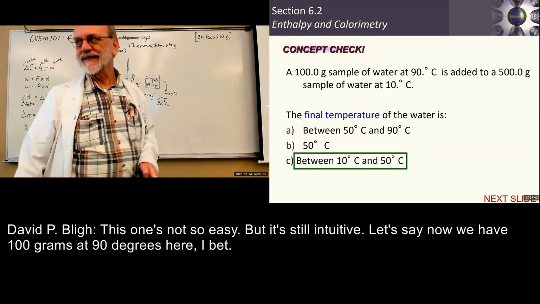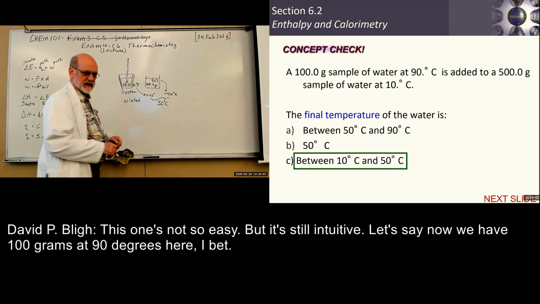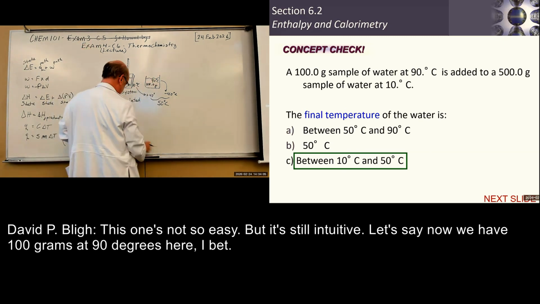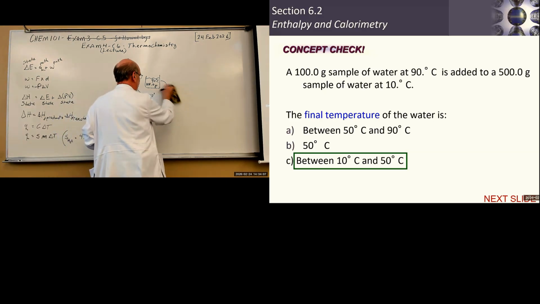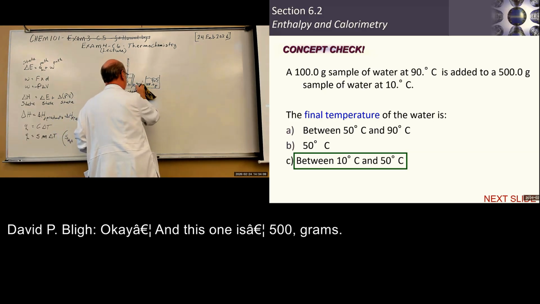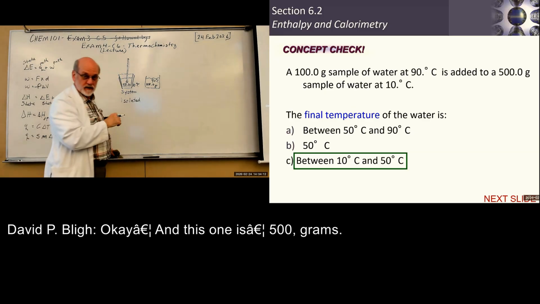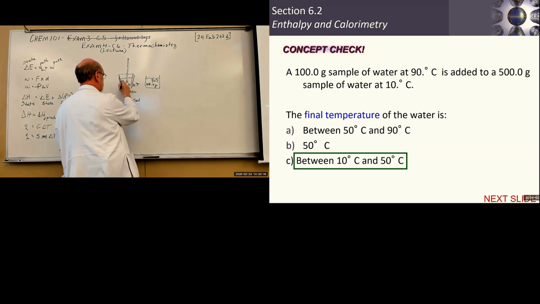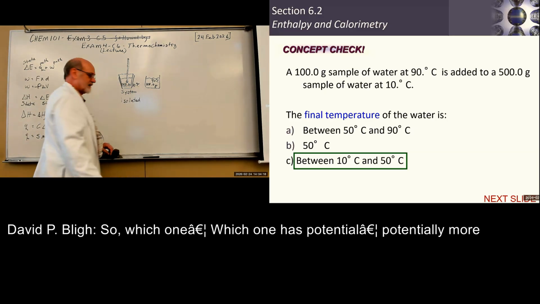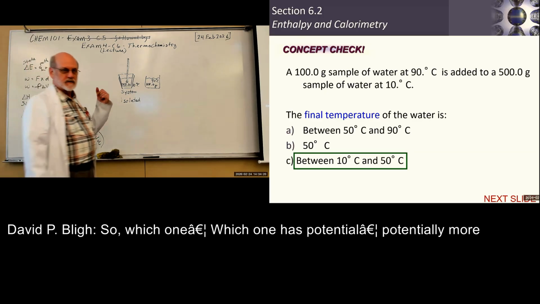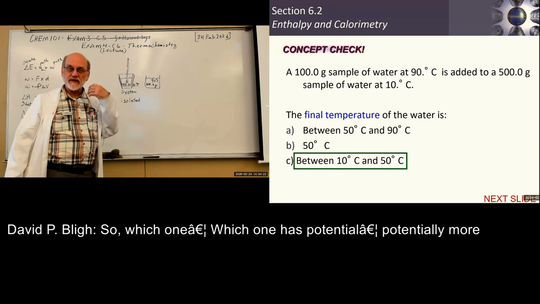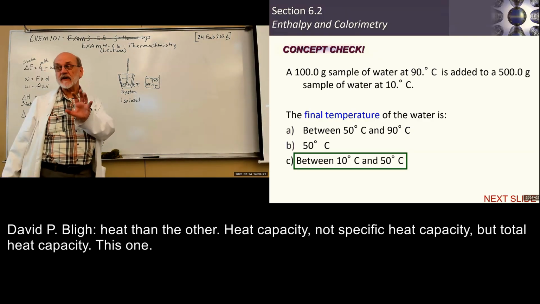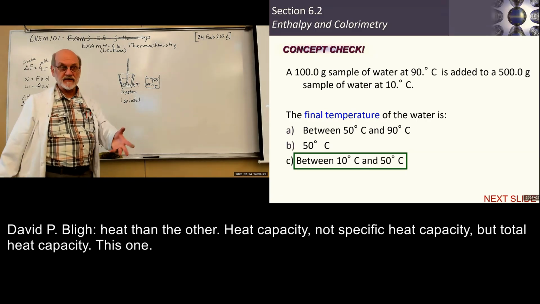This one's not so easy, but it's still intuitive. Let's say now we have 100 grams at 90 degrees here. And this one is 500 grams. Which one has potentially more heat than the other? Heat capacity, not specific heat capacity, but total heat capacity.